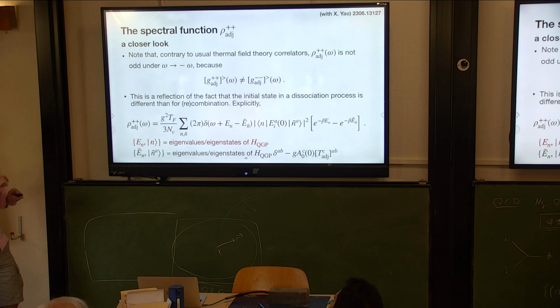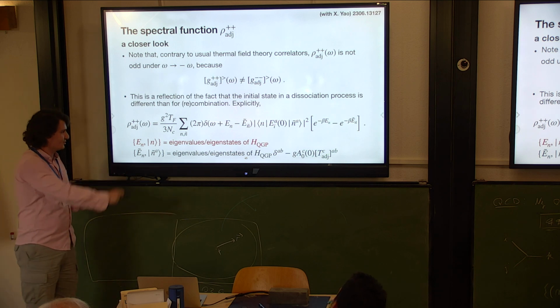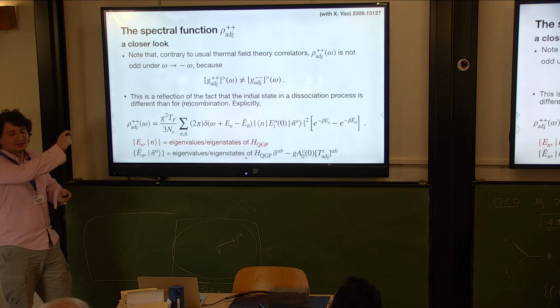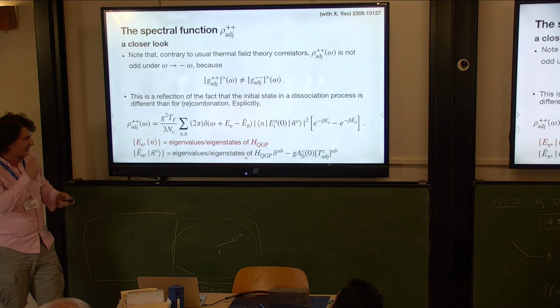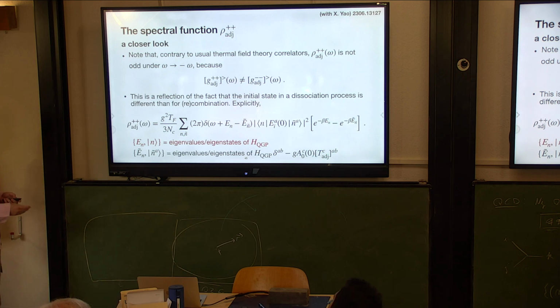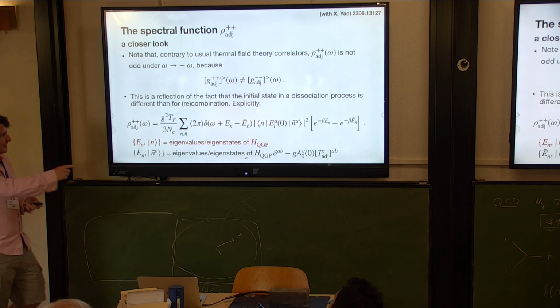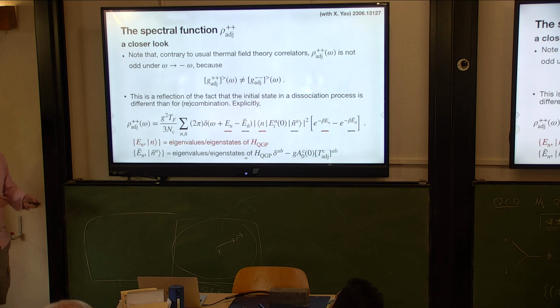And then at some point you transition to a state where you do have a point color charge sitting there. The whole state of your system is a color singlet, it's gauge invariant, so the quark-gluon plasma will know about it. Because of that, you have two different time evolution operators that you have to deal with, and that ultimately leads to that feature of the spectral function being not symmetric.